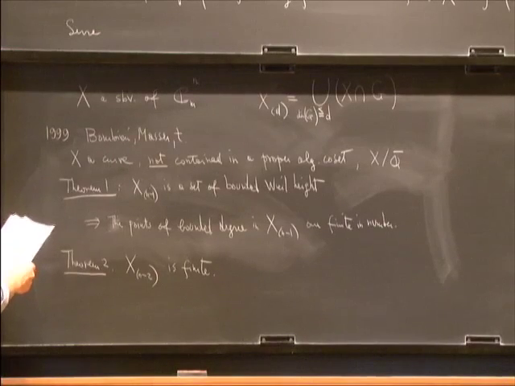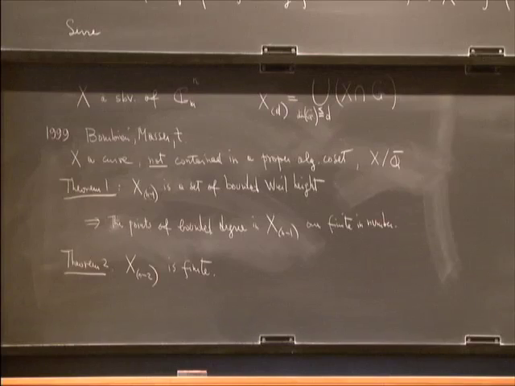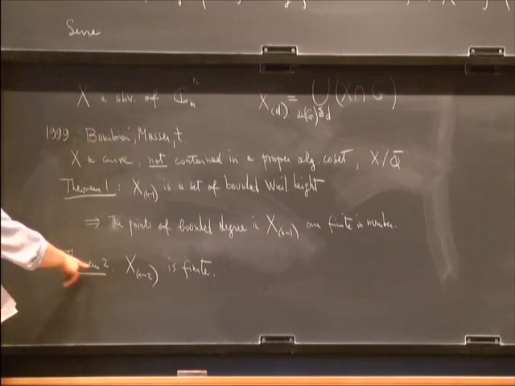Then some issues arose. There was the case, so here we assume that x is defined over Q bar, and one can ask, of course, the same question for theorem 2.